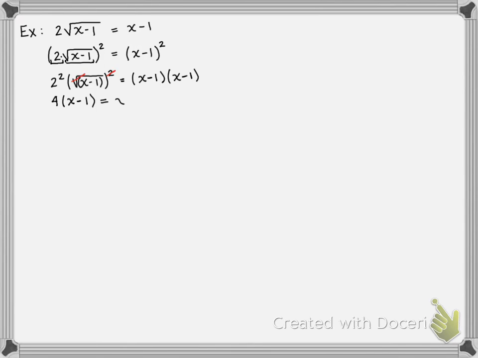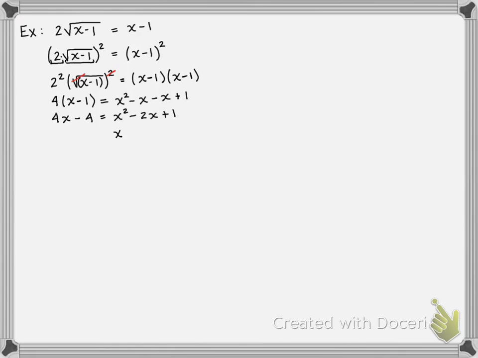And so then over here we have x squared minus 2x plus 1. And then we'll keep simplifying, so we'll distribute that 4. So 4x minus 4 equals x squared minus 2x plus 1. And again, this is a quadratic, so I want a 0 on one side.